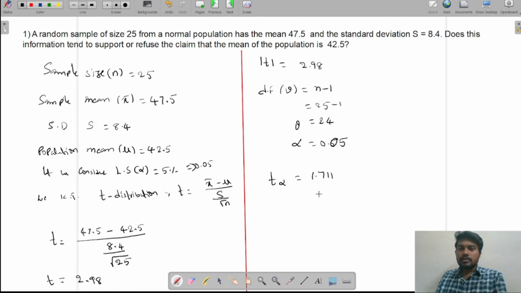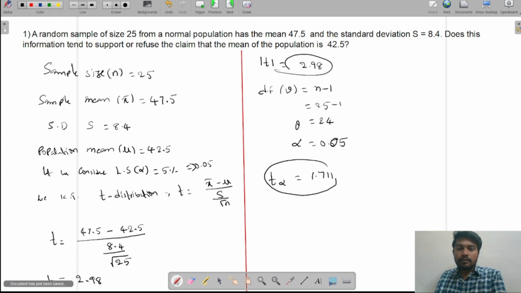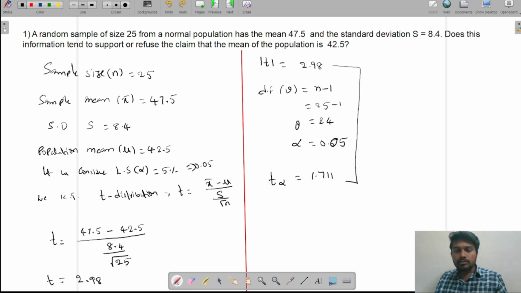So what is the conclusion here? Tell me. Here, my modulus of t value is 2.98 and the t alpha value is 1.711. In these two, which is the bigger number? Is modulus of t the bigger number or t alpha?